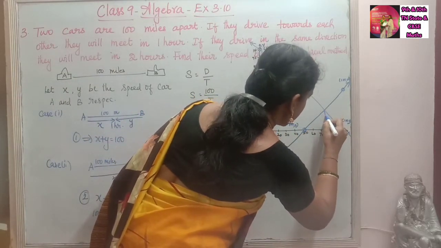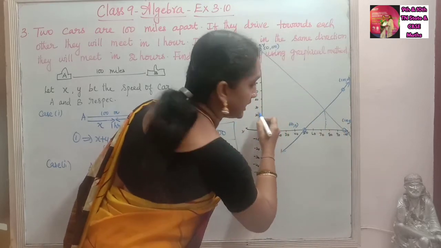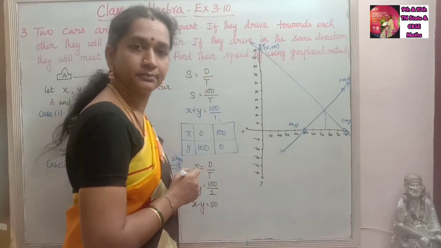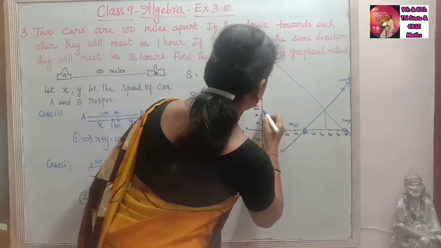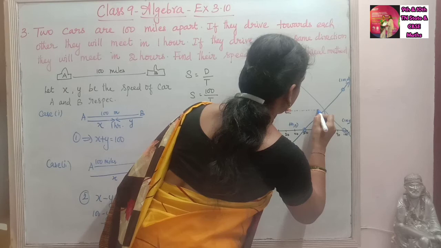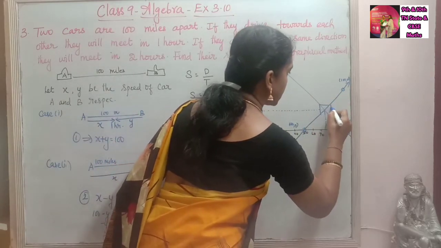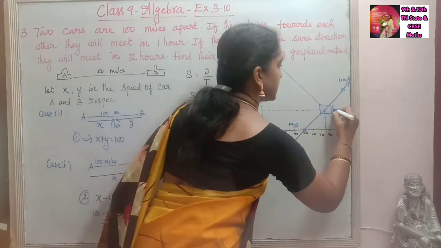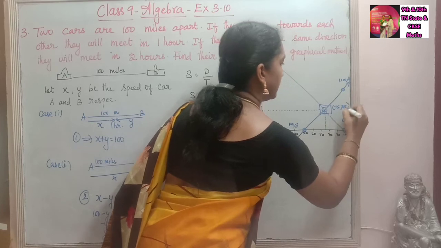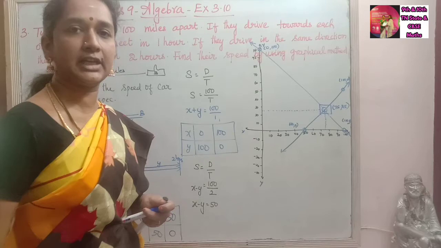Okay, so at which point is it intersecting? See here. The point of intersection is 75 here, and 25 here. Okay, 75 here we are getting at this point. So at this point it intersects. So this point is 75 comma 25. Okay, so find their speed by using the graphical method.